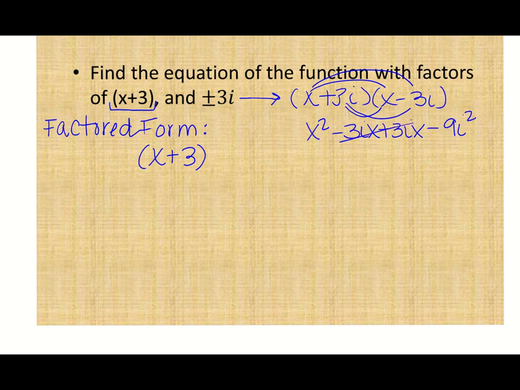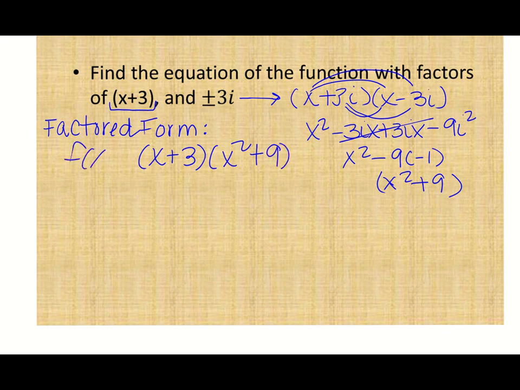So my middle terms cancel, and I'm left with x squared minus 9 times -1. So my factor is x squared plus 9. So I have x plus 3 times x squared plus 9. So this would be my function in factored form.